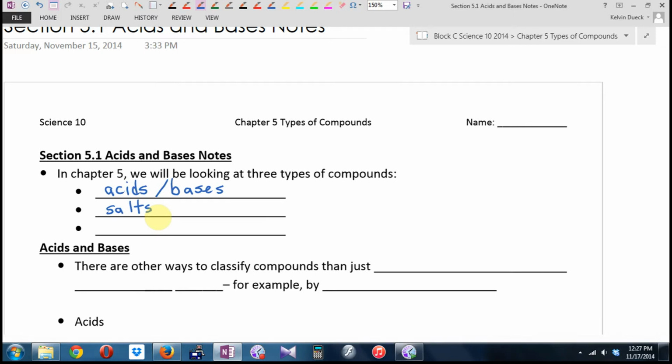And then the topic that chemistry majors fear, because it's probably the toughest graduate chemistry course, organic compounds.